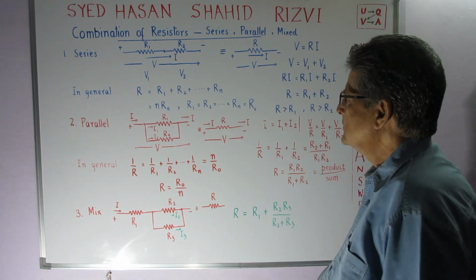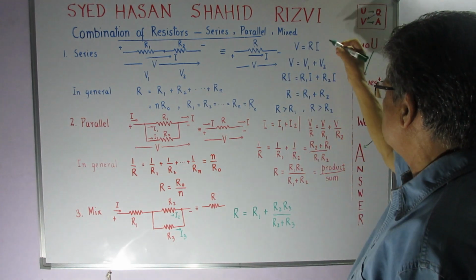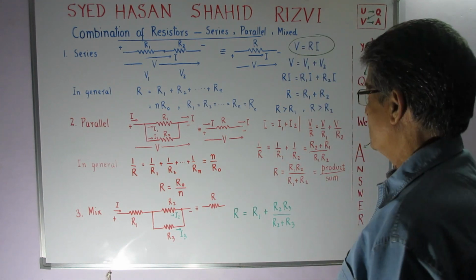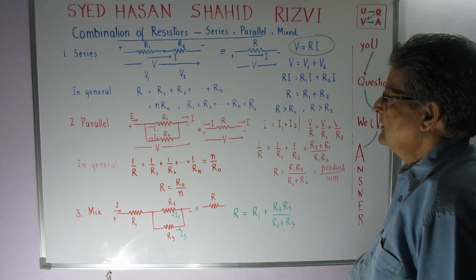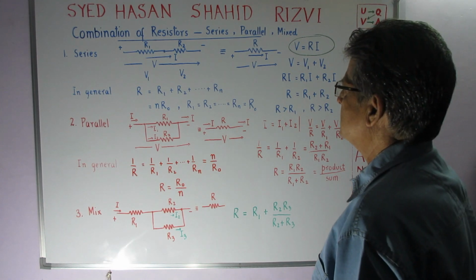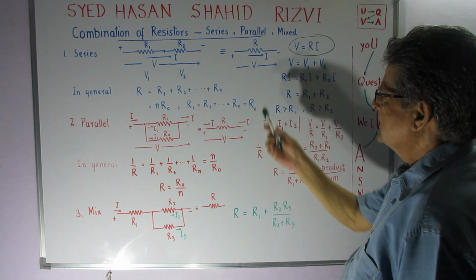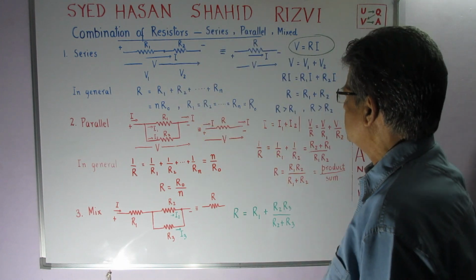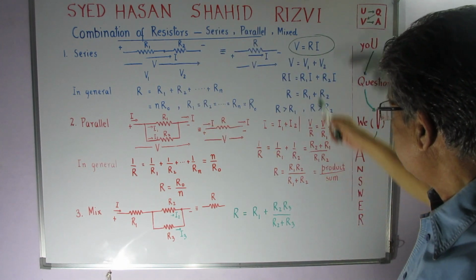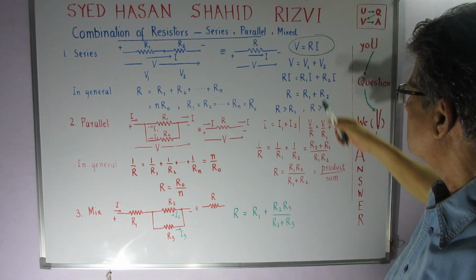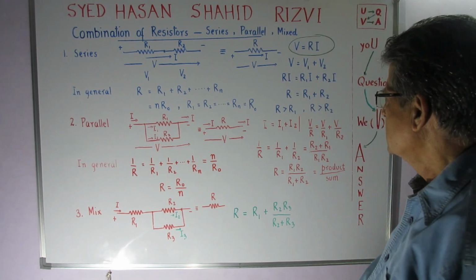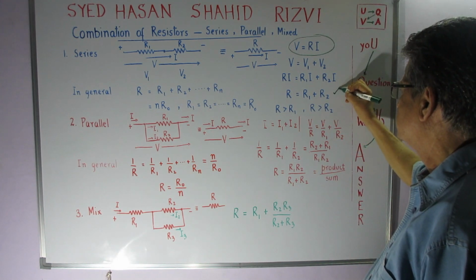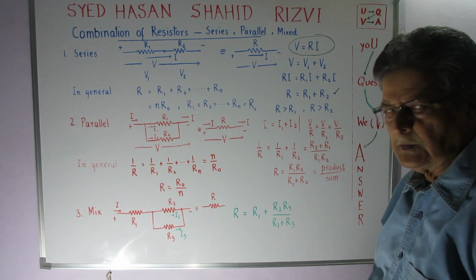Okay. So the key formula which we are going to use is V is equal to Ri. This is Ohm's law. And what we find here in the series by inspection itself, is that this potential difference V, which is applied here, is equal to V1 plus V2. So I can write from this formula that Ri is equal to R1I plus R2I. I goes. So I am left with R is equal to R1 plus R2.